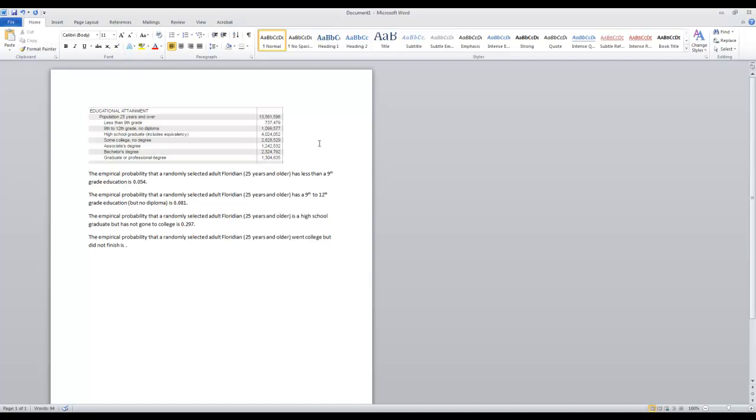So 2,828,529 divided by the whole, which is 13,561,596. The decimal there is 0.209.